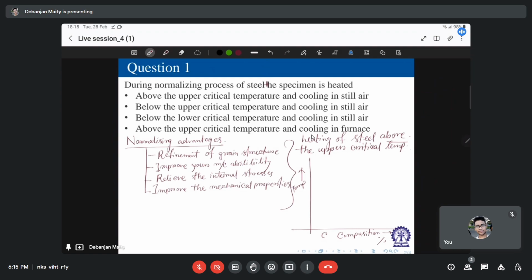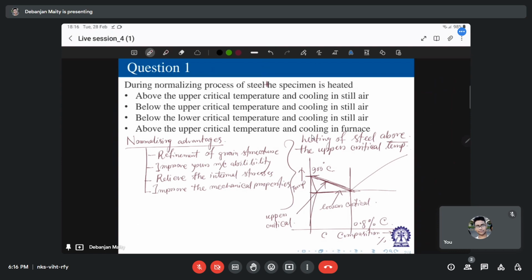Here is the eutectoid steel, at 0.8% carbon, and let's say this temperature is somewhere around 900 degrees C. This is your lower critical temperature, and this is your upper critical temperature.